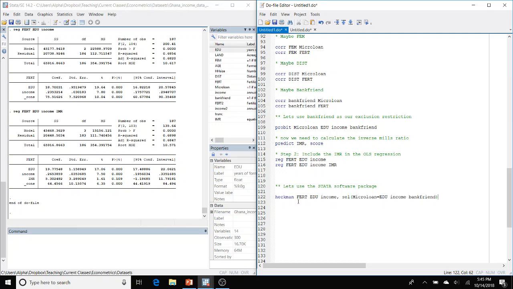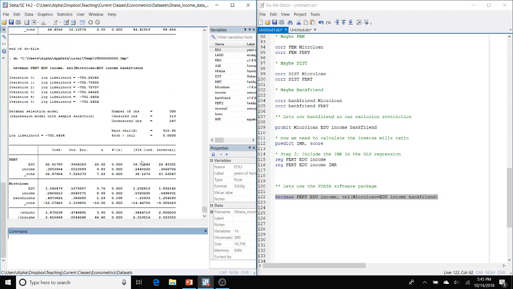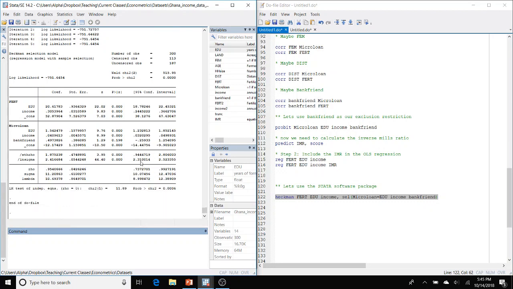We can use this, and it's going to give us a result. So here is our Heckman sample selection result. Here are the coefficients from the selection model that controls for the selection. Here's our model from the first stage probit.